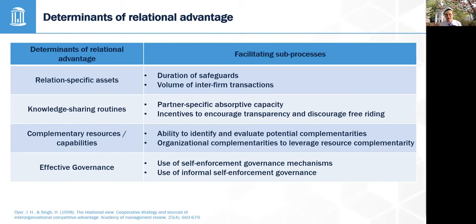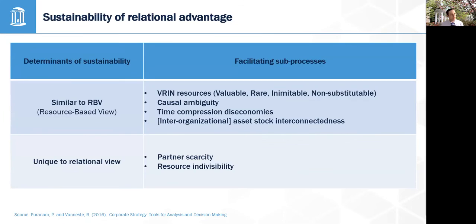So the critical thing there is about using things like norms of reciprocity, trust between partners in order to create value that would normally need to be done within a firm. But with a good relationship, you can create that between firms. In terms of sustaining this relational advantage, many of these are very similar to factors from the resource-based view.